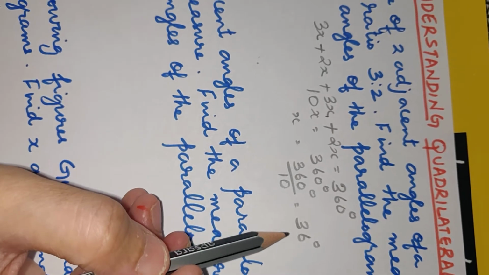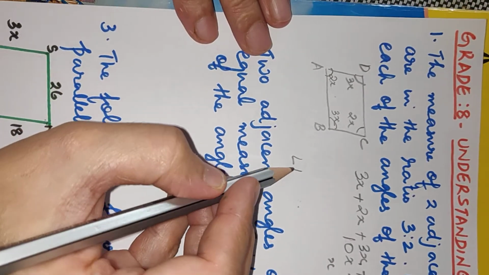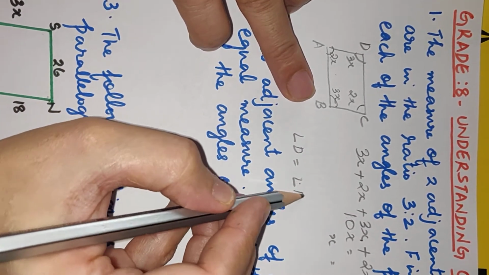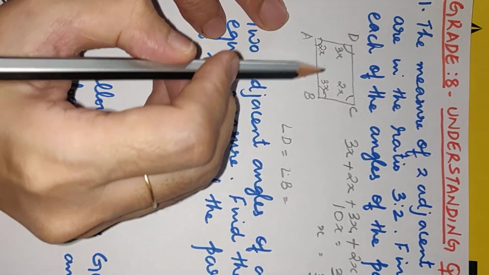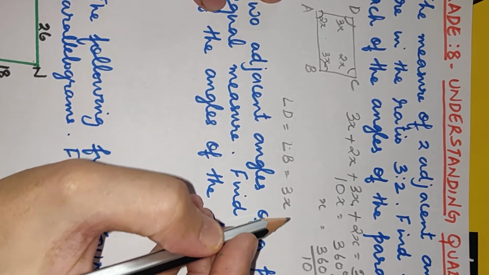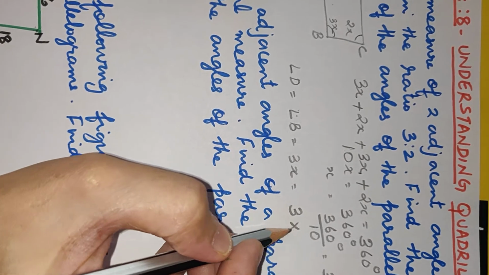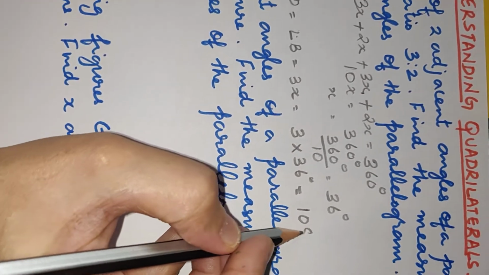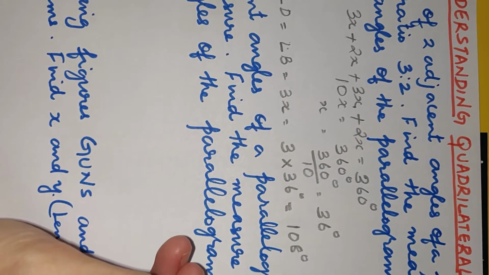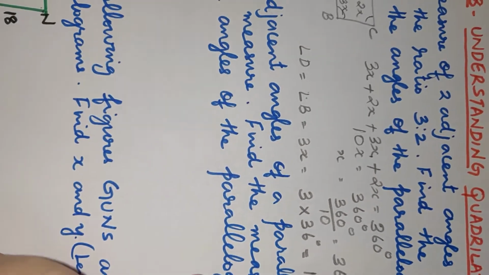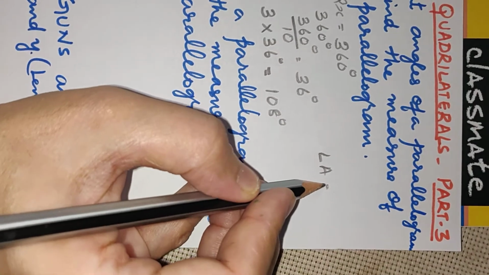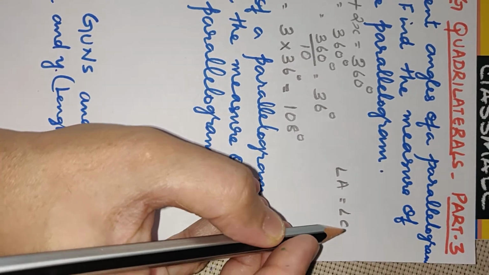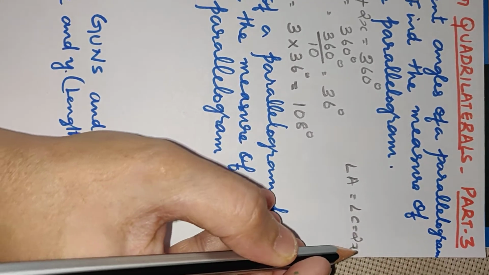Now we have to find out each angle. So angle D is equal to angle B, they both are 3x. 3x means it is equal to 3 into 36 degrees. What is 3 into 36? 108 degrees each, angle D and angle B. Similarly, angle A is equal to angle C is equal to 2x.